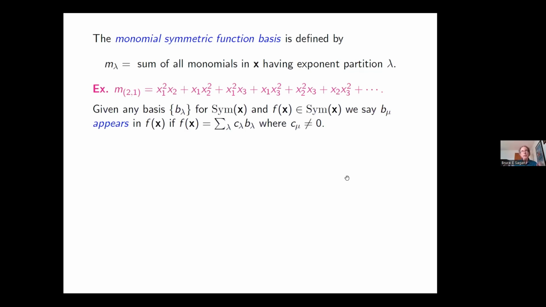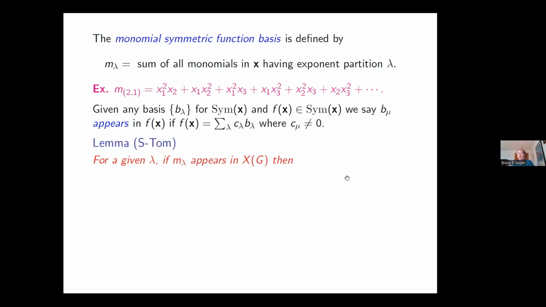And now, a crucial definition for us: suppose we have any basis for the symmetric functions, b lambda, and a particular symmetric function f of x. Then we'll say a particular basis element, b mu, appears in f if, when you expand f in that basis, the mu-th coefficient is non-zero. Now notice, I'm not saying it's positive, I'm not saying it's negative, I'm not saying it's an integer, I'm not saying anything except that it's not zero, that it exists.